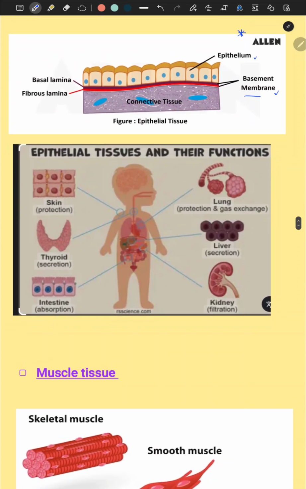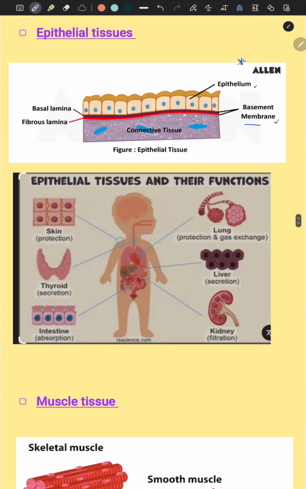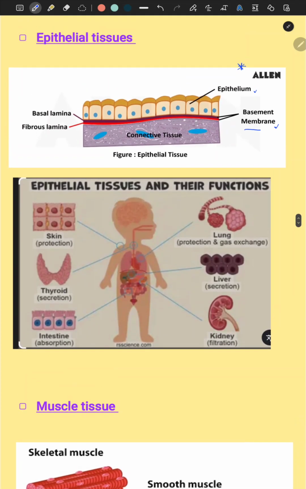The locations and the functions of the epithelial tissue are: it provides protection. The epithelium of the skin provides protection, and some epithelia provide secretion function, and some do absorption, and some exchange materials, and some do filtration.